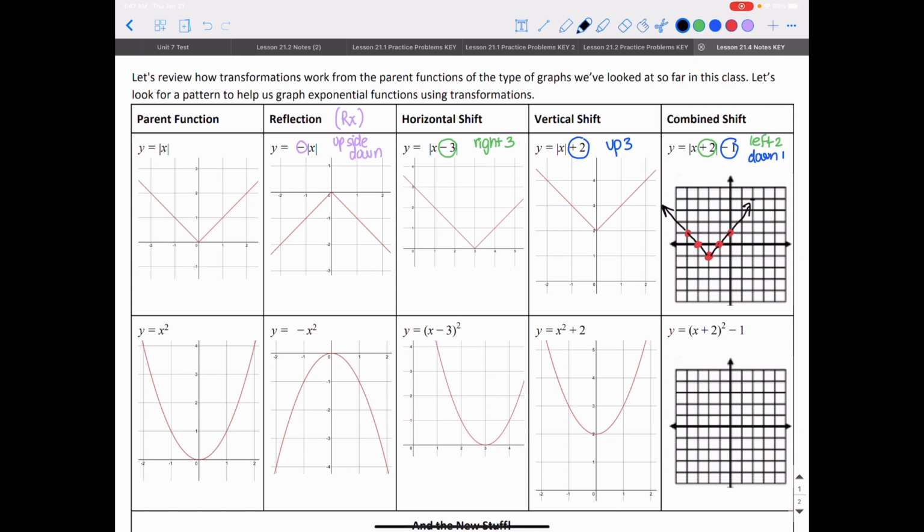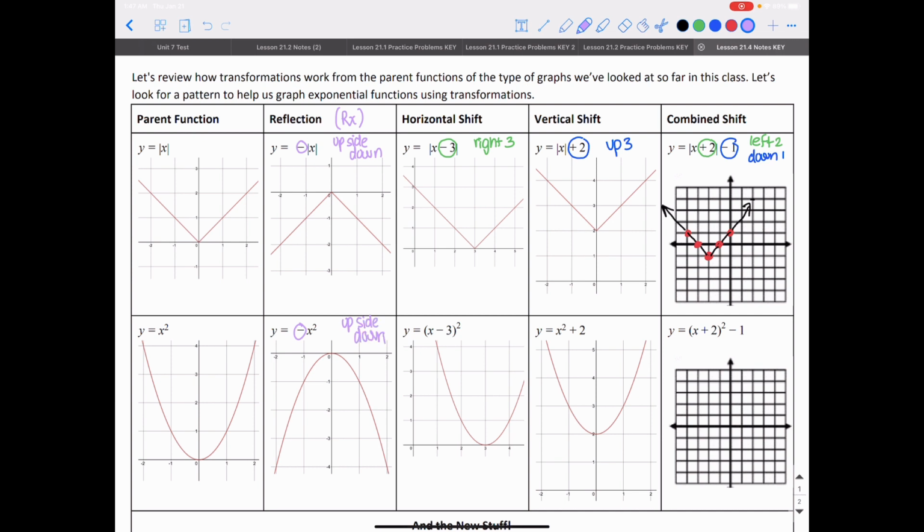For quadratics, y is equal to x squared is the most basic function of quadratics. It's the parent function. Again, if I have a negative in front, I know that that's a reflection over the x-axis, or the graph is moving upside down.